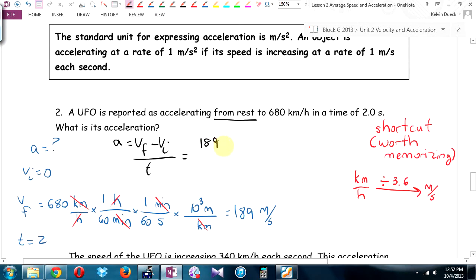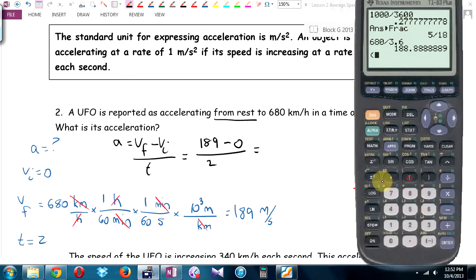I'm going to write 189, but I'm going to use my answer button on my calculator. Have I yelled at you about getting a good calculator yet? Minus 0 divided by answer. I guess I didn't really need to type the minus 0 because minus 0 doesn't change anything. Divided by 2 seconds?